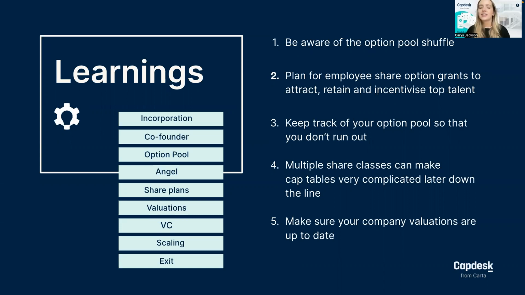And I think the learning that I want to convey here is that the option pool shuffle is incredibly important. All of the option pool management is vital in order to avoid costly mistakes that we've seen at Capdesk. And as we saw later in the presentation, preferred shares and multiple share classes will change the whole cap table and how an exit will look. So be aware of that.